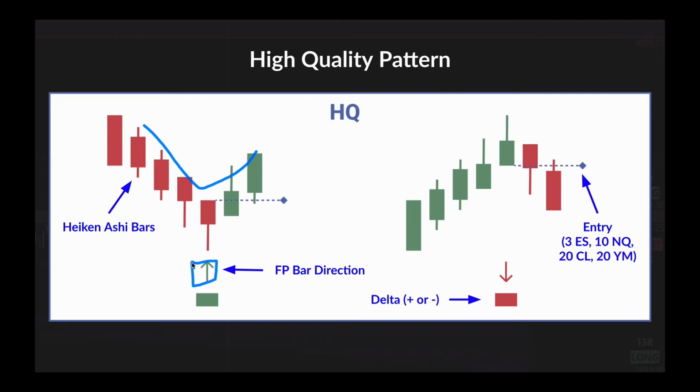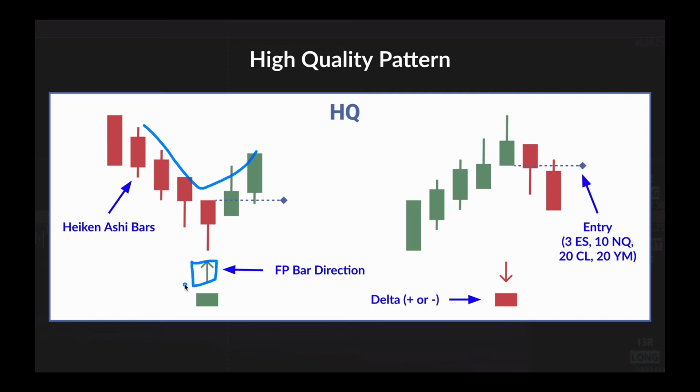This is an indication, the rule of the direction that the footprint bar needs to be. So in this case, if I want to go with a high quality pattern, if I want to go long, I need to have a footprint bar where it's a green footprint bar. Okay.